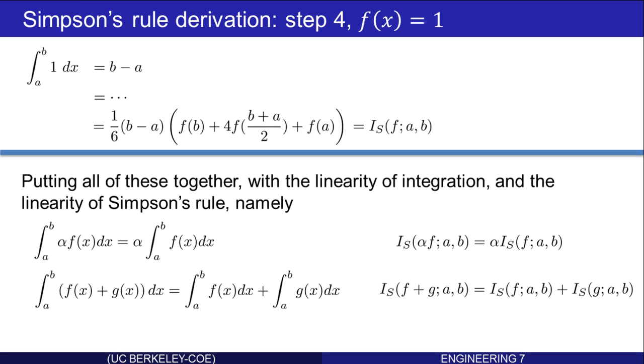Since we've established Simpson's rule is correct for a pure cubic, a pure quadratic, a pure linear, and a pure constant, it must be true by these ideas for any linear combination of those. And a linear combination of x cubed, x squared, x, and 1 is what we call a general cubic function. So we have proven the exactness of Simpson's rule for cubics.